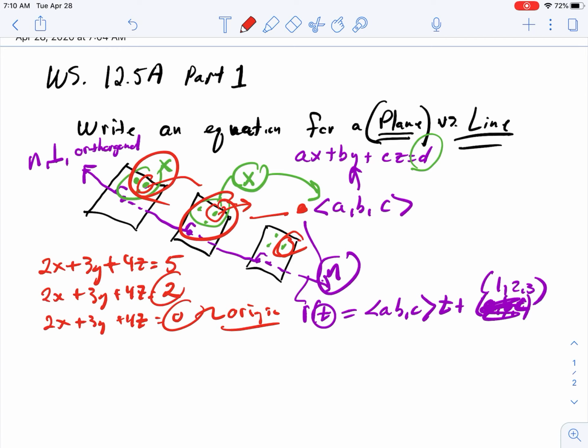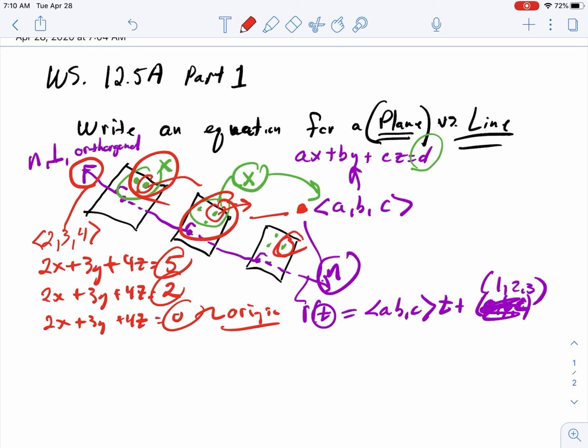Maybe this one. Now this one here would be the only one actually going through the origin. These others just represent a certain distance, not necessarily from the origin. But the slope here, 2, 3, 4, is the slope of this here.